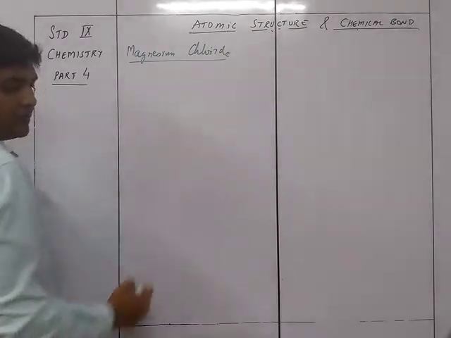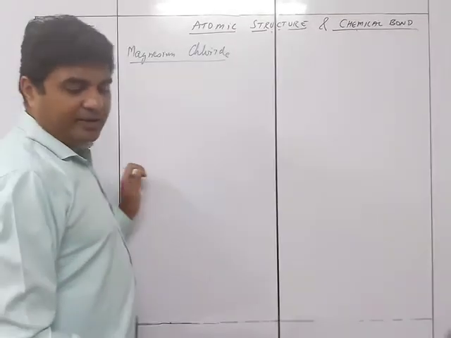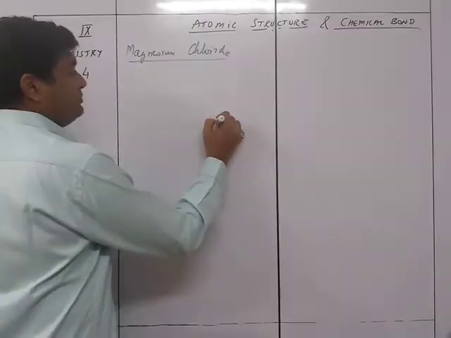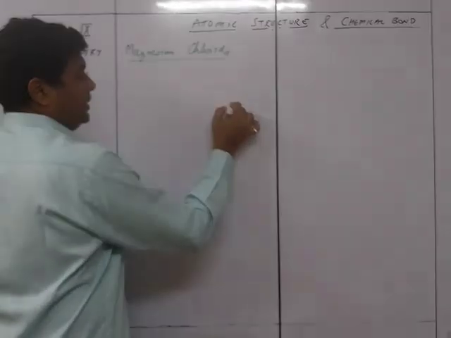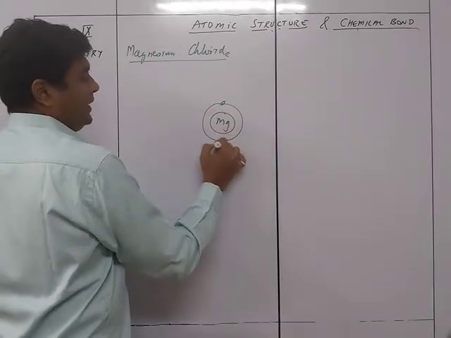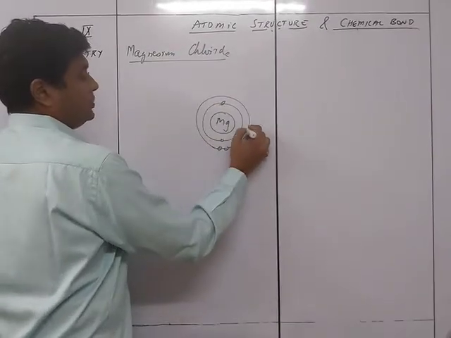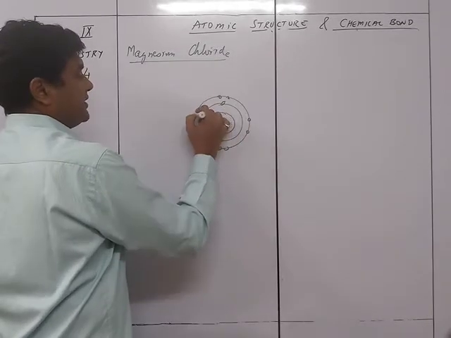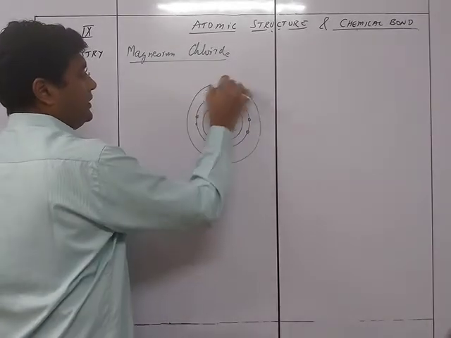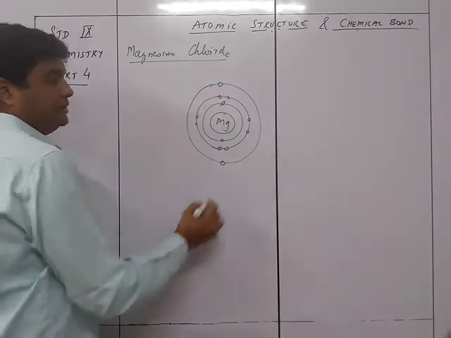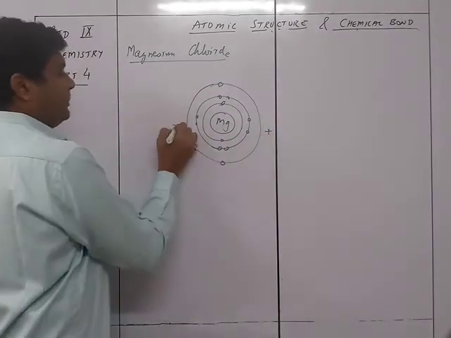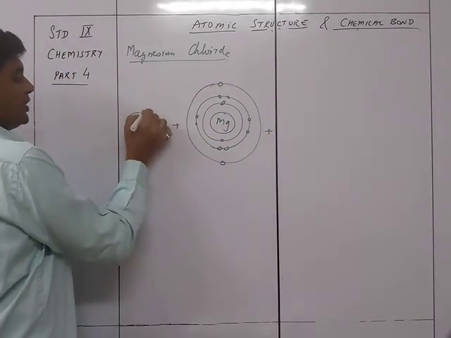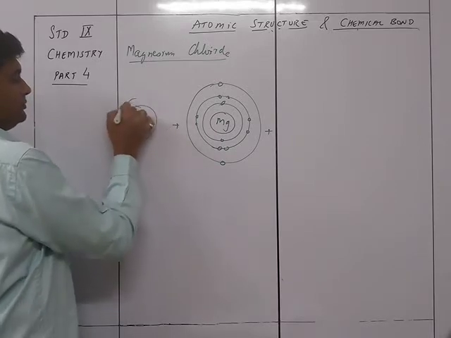So in case of magnesium chloride, we know that it's 2, 8, 2. So Mg will be written in the center with 2, 8, 1, 2, 3, 4, 5, 6, 7, 8, and then 2 here, 1 and 1. Okay. Over here plus, here will be Cl. So I just draw the outermost orbit.